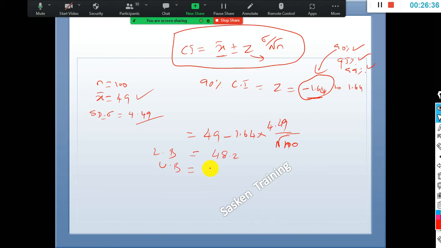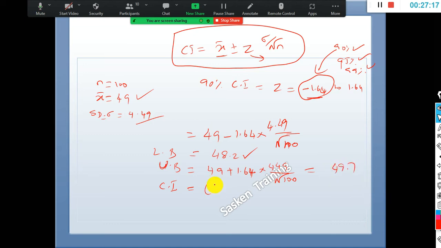Similarly, the upper bound is 49 plus 1.64 times 4.49 divided by the square root of 100. It is always good to do it manually so you understand. Statistical packages are available to find the confidence interval, but it is good to understand the underlying idea. The upper bound works out to 49.7.